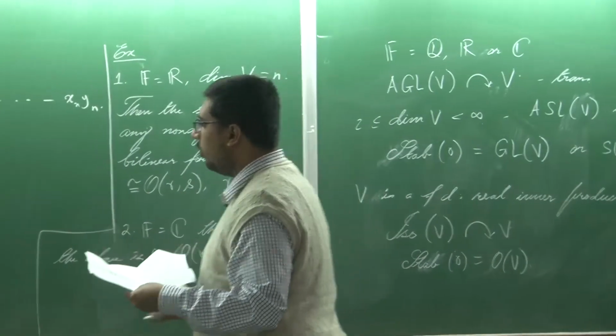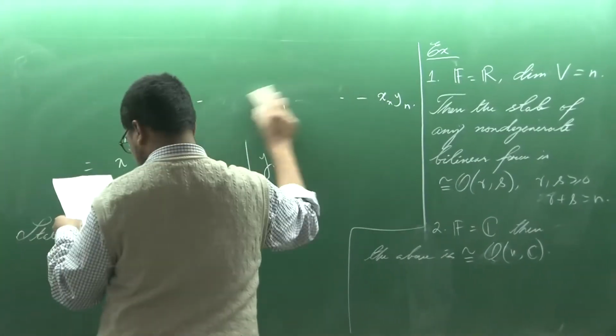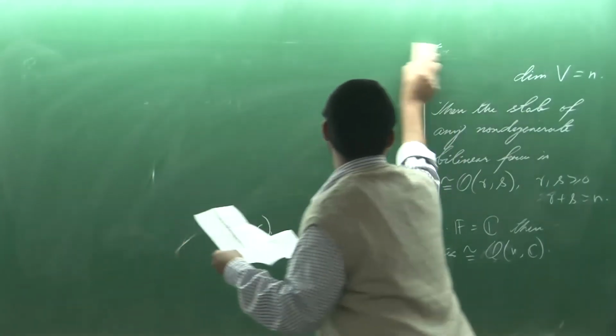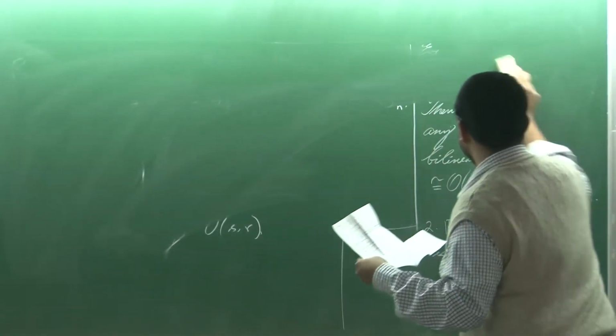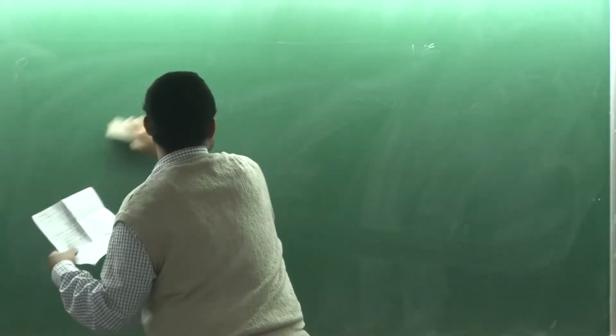Now, I should move to other actions. When V is a finite dimensional inner product space, then as we have earlier seen, the group of all isometries acts on the collection of all open balls, the collection of all closed balls, and the collection of circles.